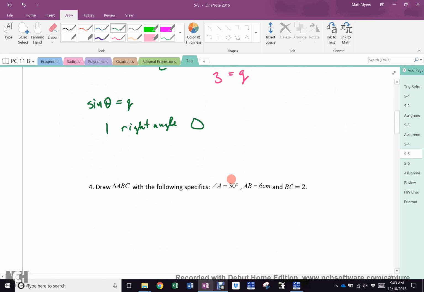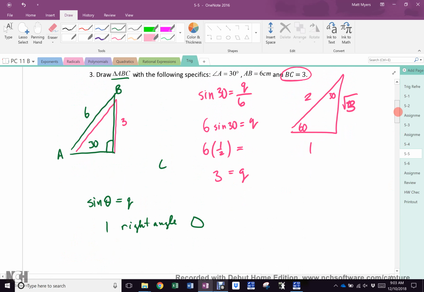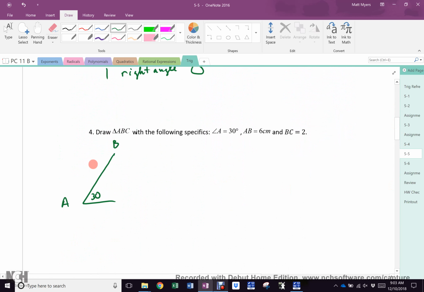I still have ABC, and I still have 30, don't I? And I still have, there's A. AB is 6, and BC is 2. So let's put B up here. This is 6. Still the same. Everybody good?